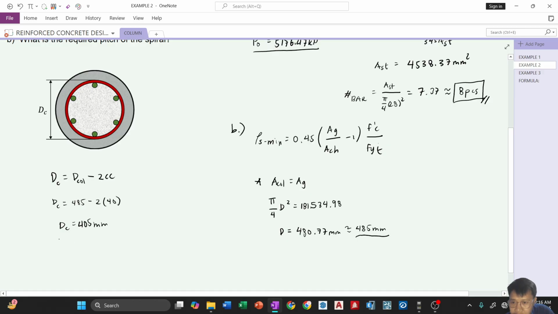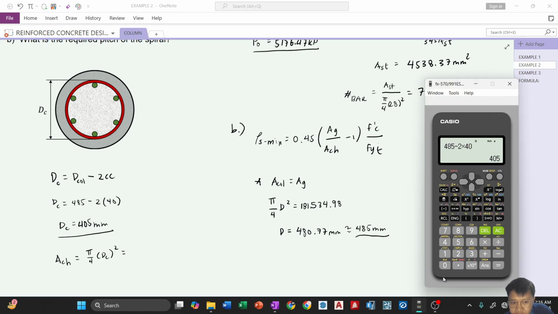This is our diameter of the concrete core. And then, of course, yung area naman ng concrete core natin, yun yung ACH natin, that is simply pi over 4 diameter of the concrete core square. Okay? So, pi over 4 times 405 square.